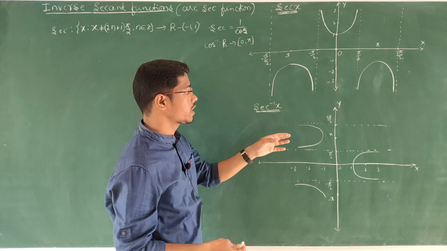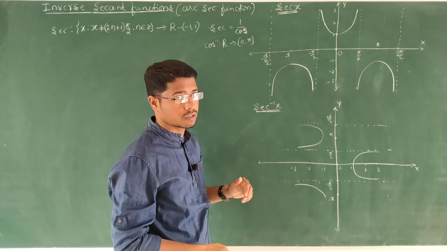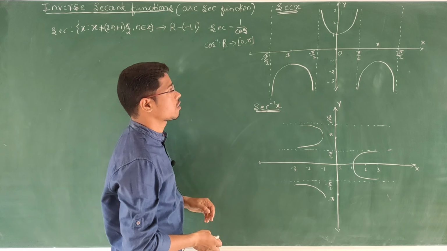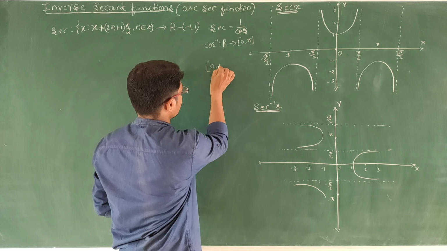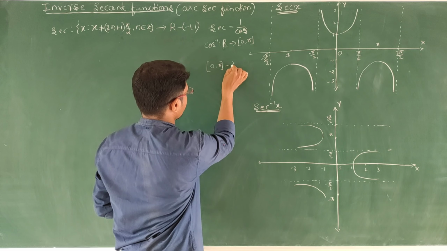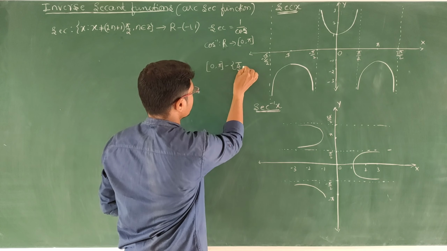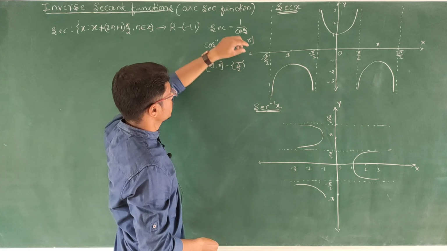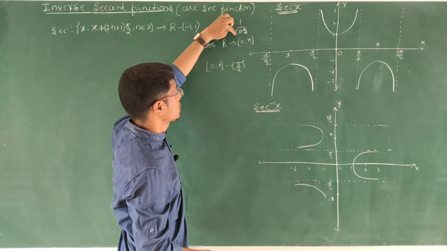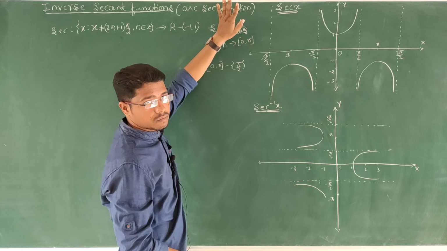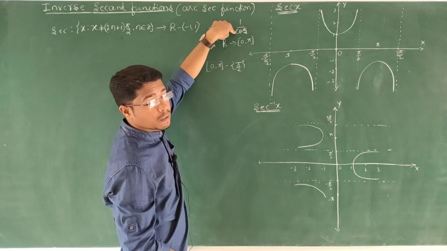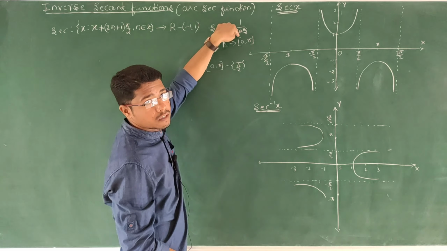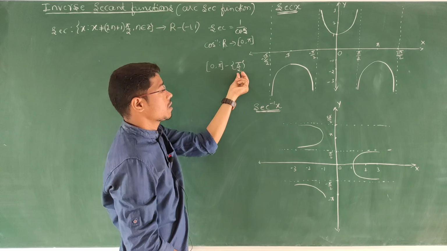So if we restrict the domain of the sec function to [0, pi] minus pi by 2, see, sec is equal to 1 by cos. Sec is 0 at pi by 2, and 1 by 0 is not defined, therefore except pi by 2.